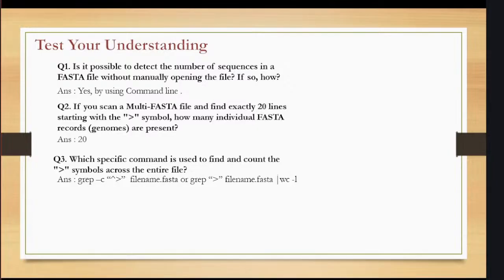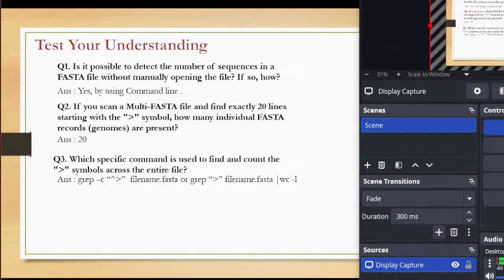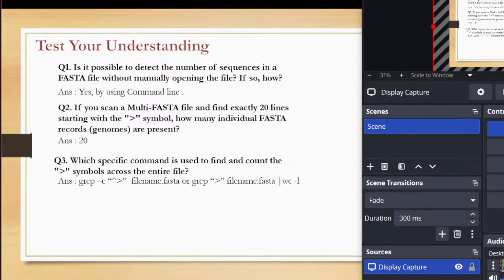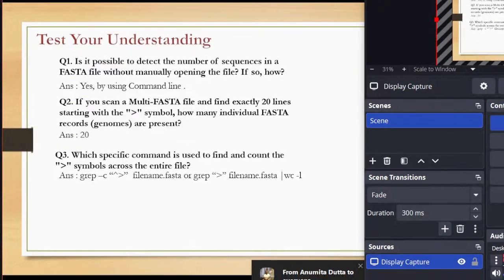Can anyone mute yourself and explain how grep -c is working? No, c is not a character. It counts all the samples present and gives the output. Yeah, Soumya, you are correct.